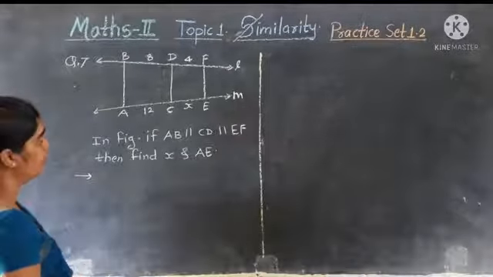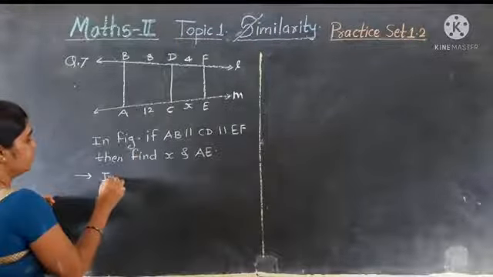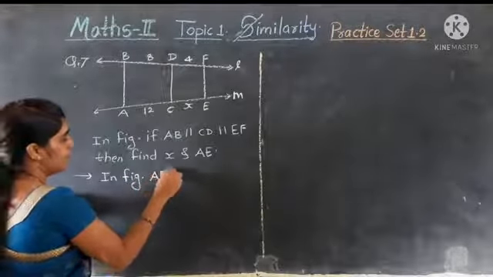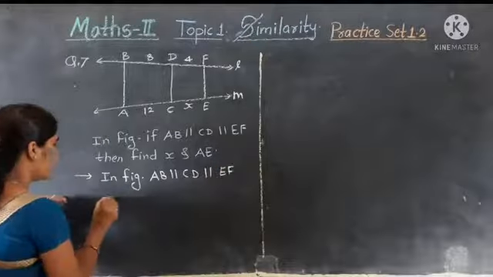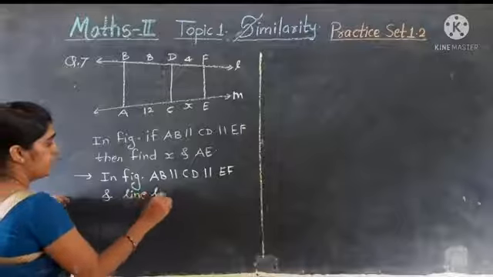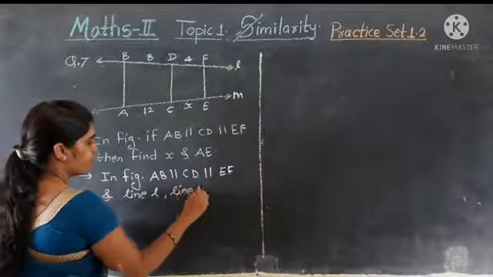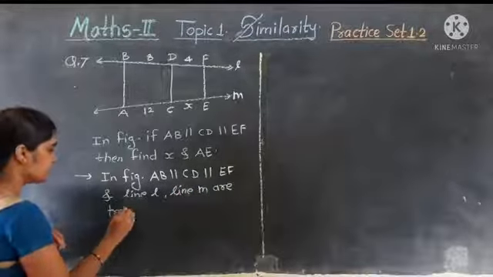What property do we use? See, in the figure AB is parallel to CD is parallel to EF, and line L, line M are transversals.